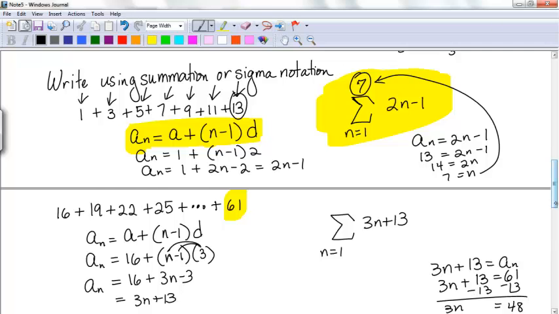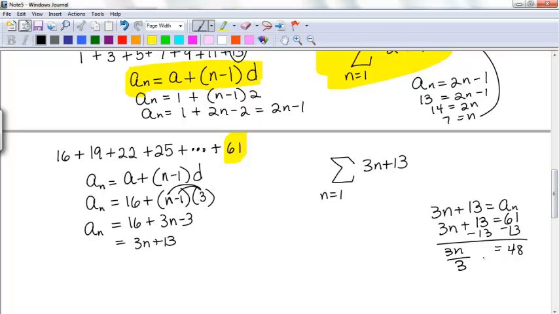Yep, and then divide by 3. So n equals 16, and that's what goes up here at the top. So you would start substituting in, and you should be able to generate that sequence. If n is 1, okay, if n is 2, okay, if n is 3, okay. Any questions on that one?